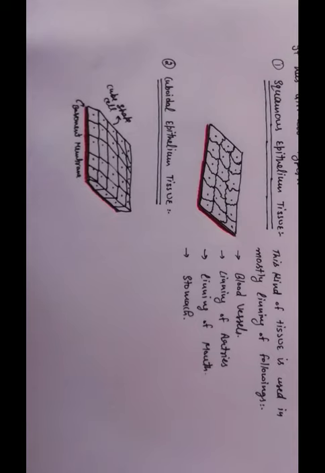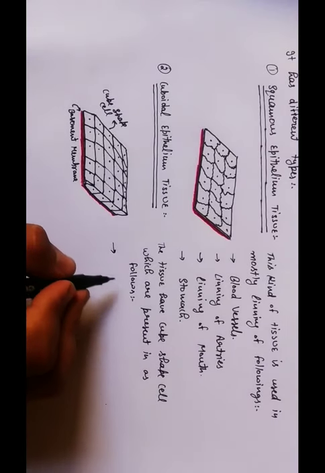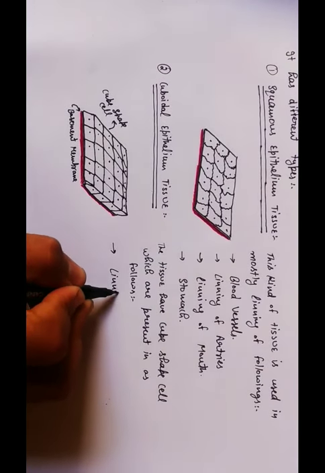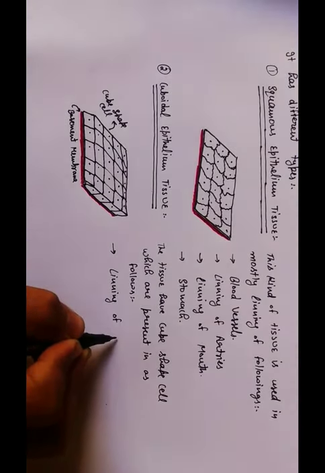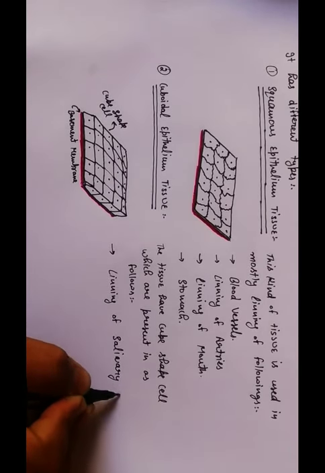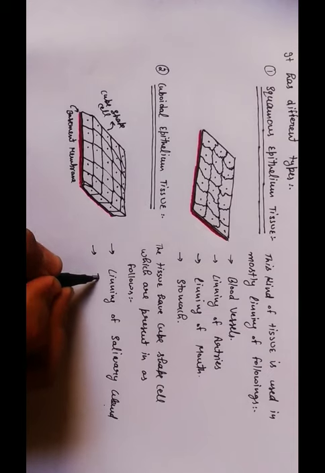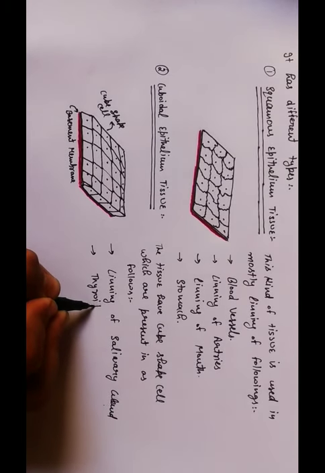We can say this type of tissue is also used in lining of different organs. These organs are lining of salivary gland. This type of tissue is mostly present in glands, that is salivary gland, thyroid gland.